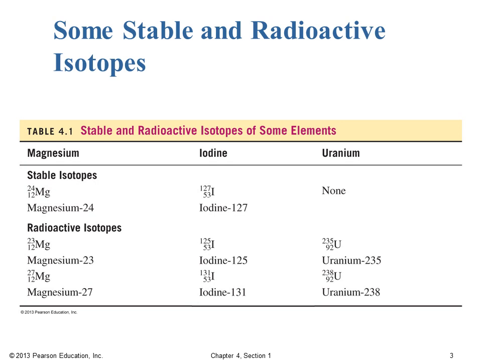Table 4.1 shows both notations of writing the isotopes, indicating their mass number. We can see that we have the magnesium isotope 24 and iodine 127 as our stable isotopes, and uranium doesn't have any stable isotopes. Then they have the radioactive isotopes beneath. It just shows you the different ways that it's written.